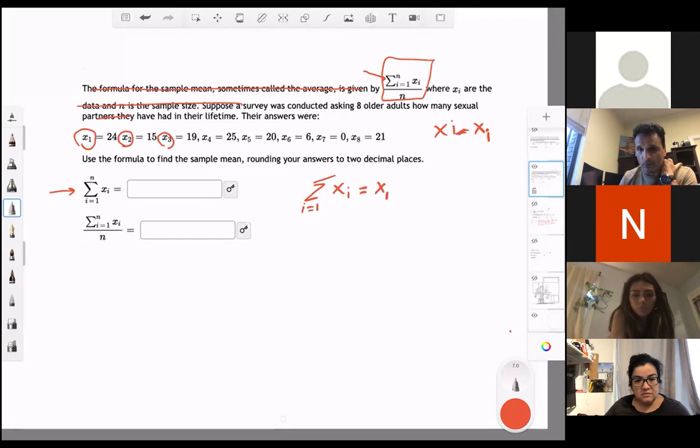I'm not saying x multiplied by 1. I start from 1, so we have x1 plus x2 plus x3. How far should I go? What's the end point on the top? We have 8, or you can also see it here, 8. So I will stop at 8.